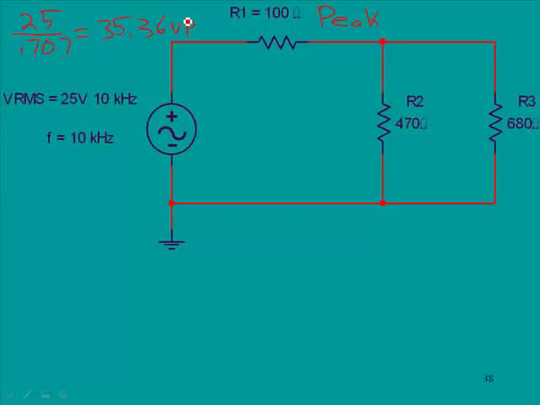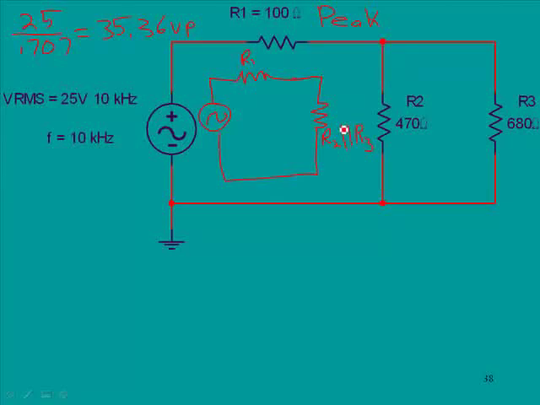Since we have a combination of series and parallel here, we should evaluate the resistance of the two in parallel. So let's draw a little simplified circuit here, and we'll say this is R1 here, and then we'll have just one resistance here that represents R2 in parallel with R3.